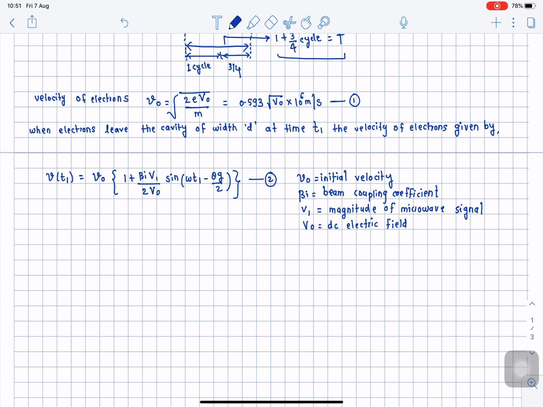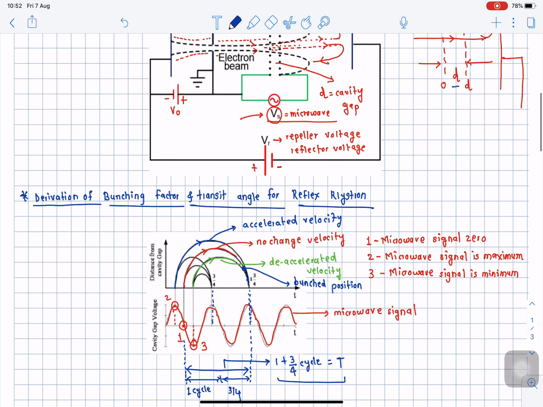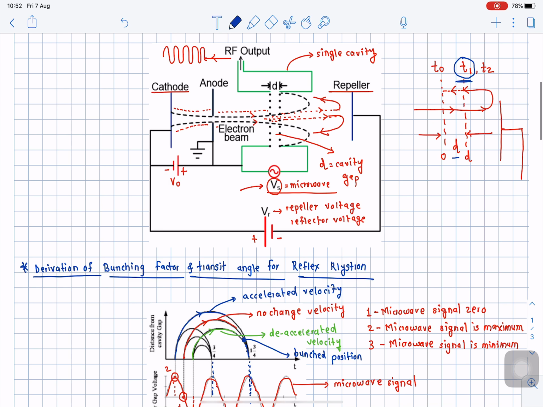Okay, so this is the velocity equation of electrons when the electrons are going to leave the single cavity of width d. Next we see when the electrons approach the repeller. When the electrons leave this particular cavity with velocity v of t1, they will start approaching towards the repeller.